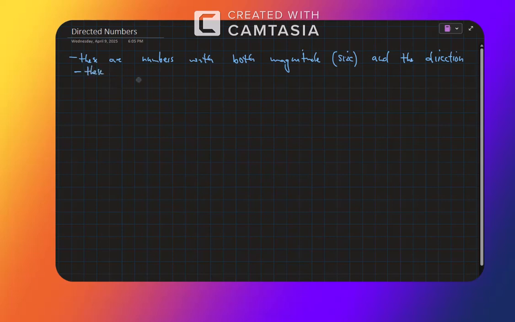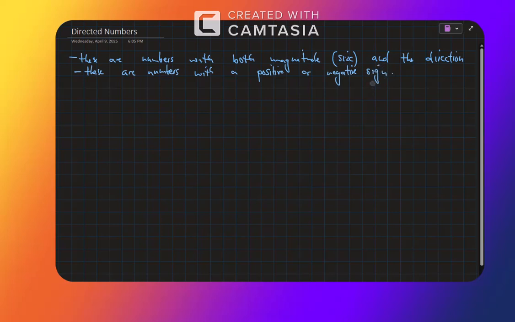Or we would say these are numbers with a positive or a negative sign, right?